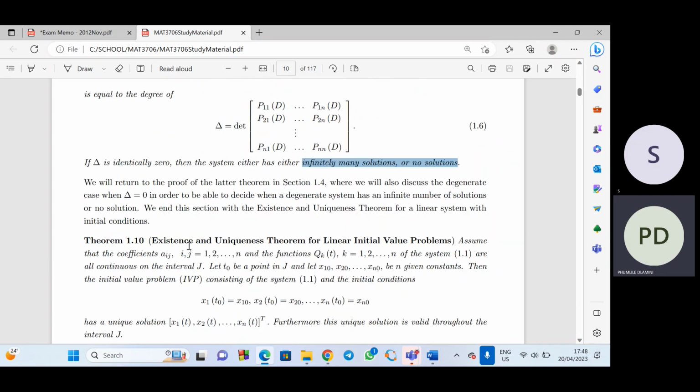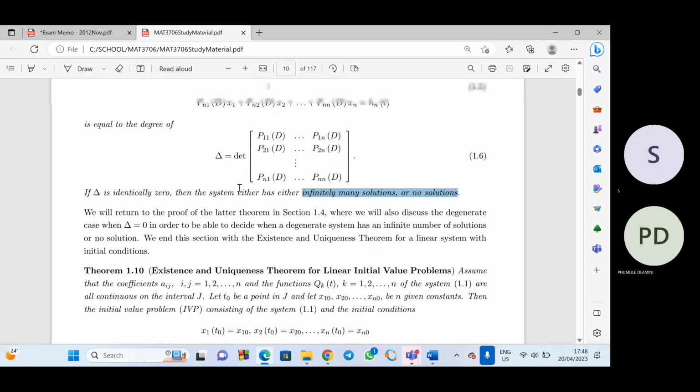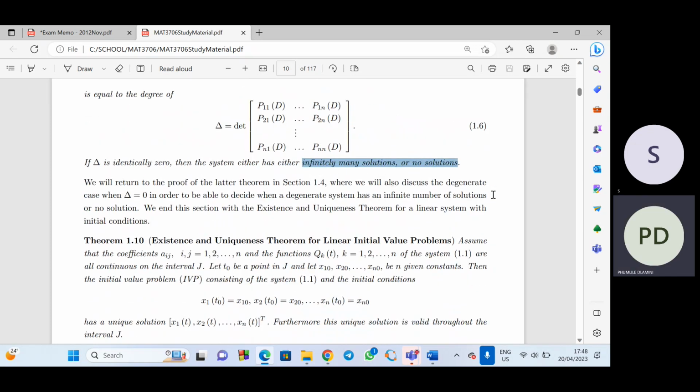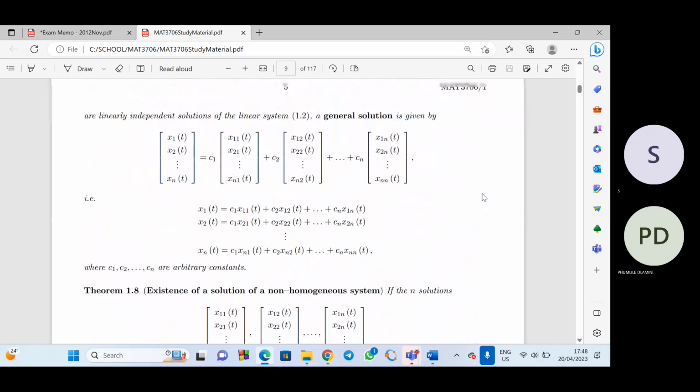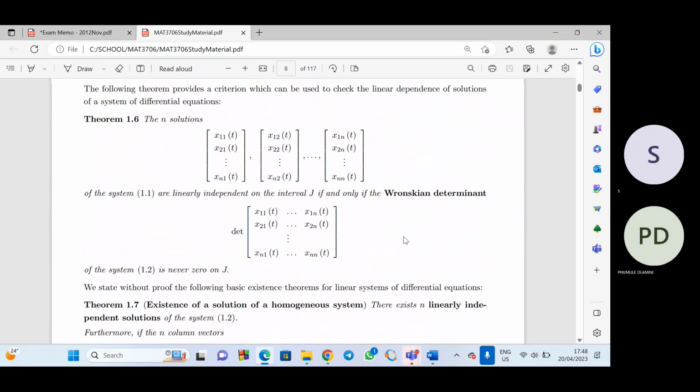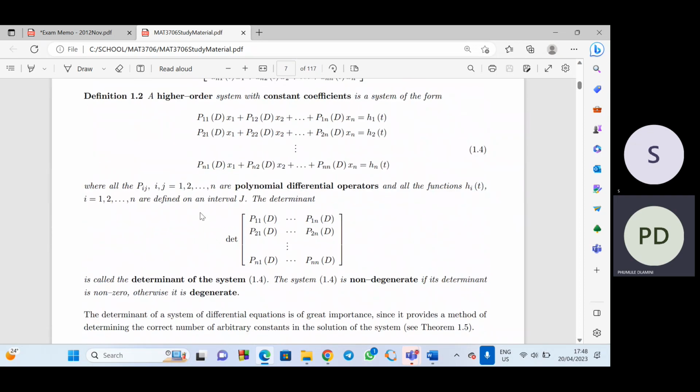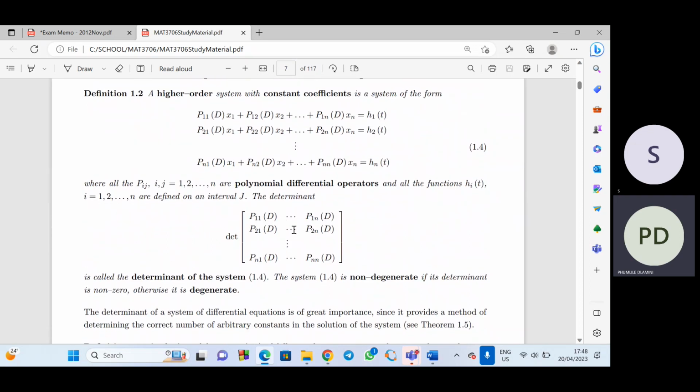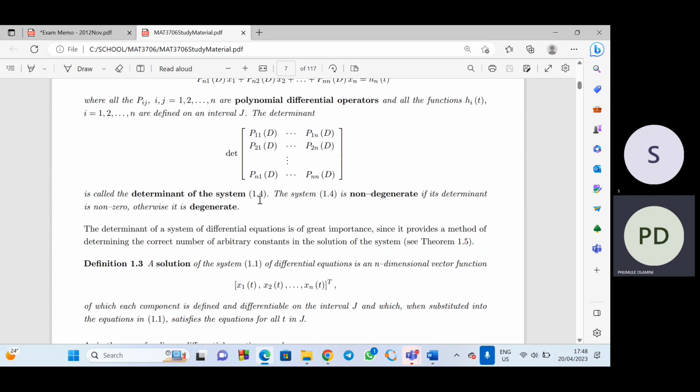Let me browse again. Yes, I wanted this. It says the polynomial differentiation is called the determinant of a system. The system 1.4 is non-degenerate if its determinant is non-zero; otherwise, it is degenerate. So this system is degenerate, as I have told you.